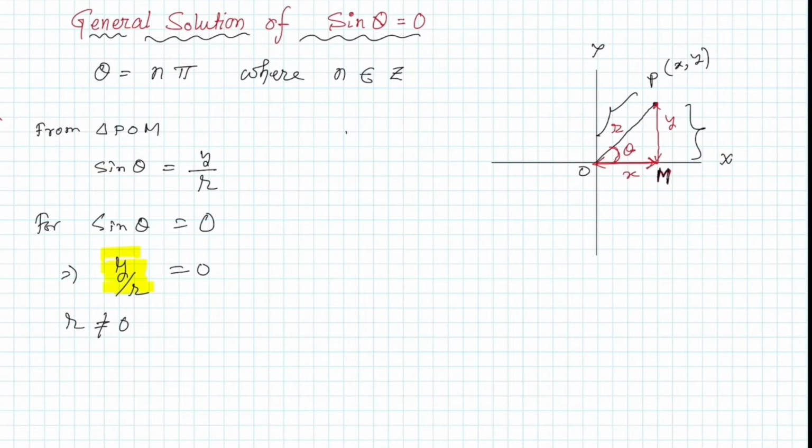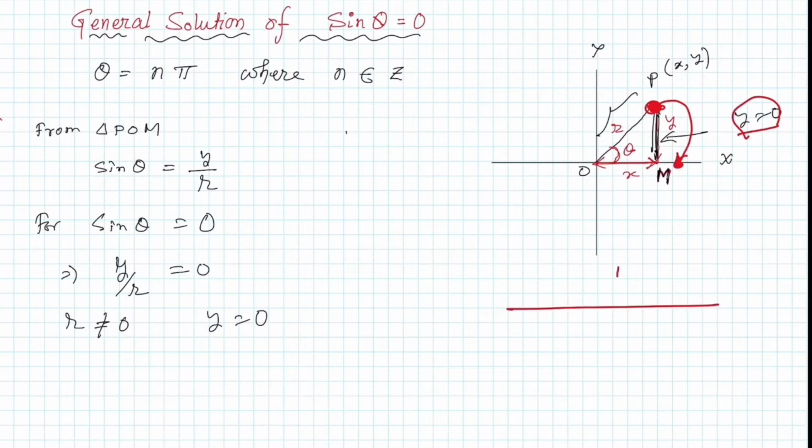So if r is not equal to 0, then y by r can be equal to 0 if and only if y is equal to 0. That means this perpendicular is 0. That means when y is equal to 0, this point P must be lying on the x-axis.